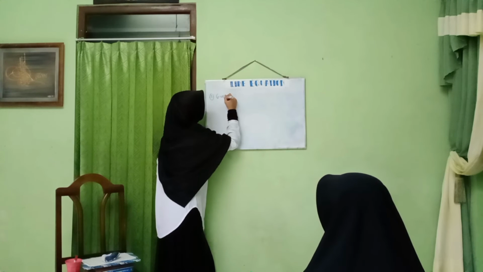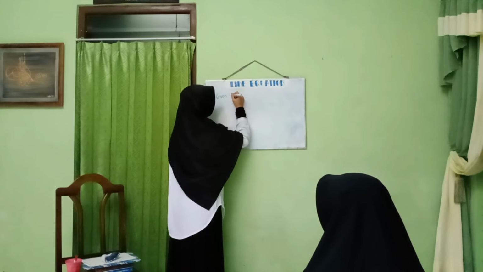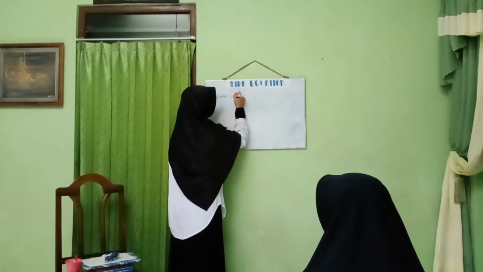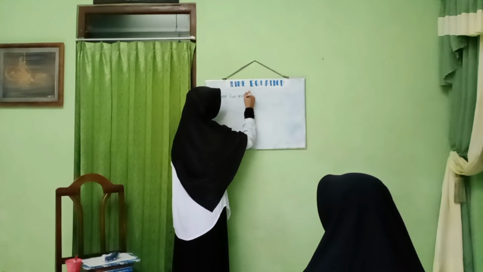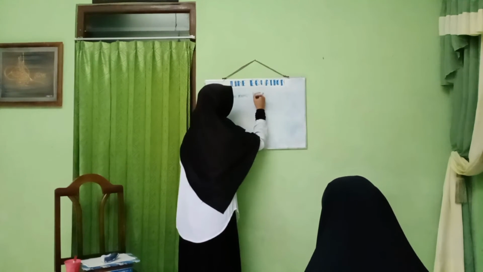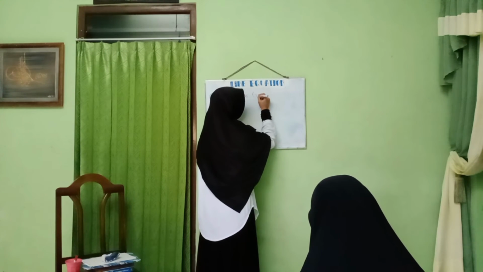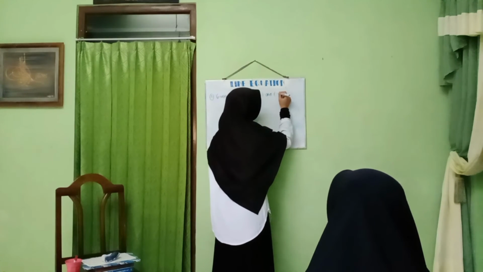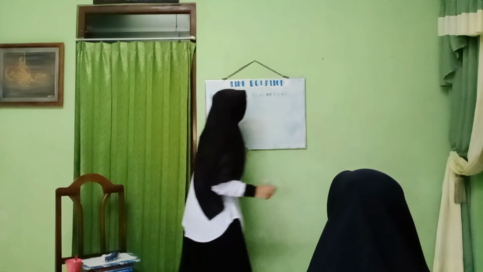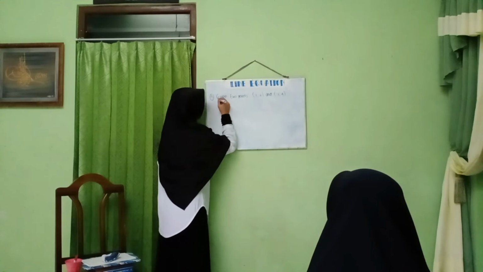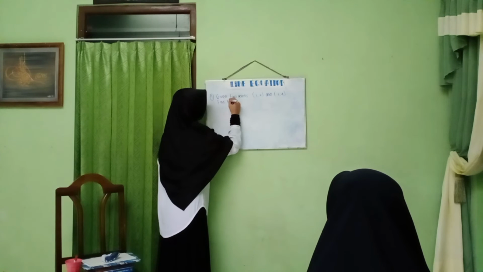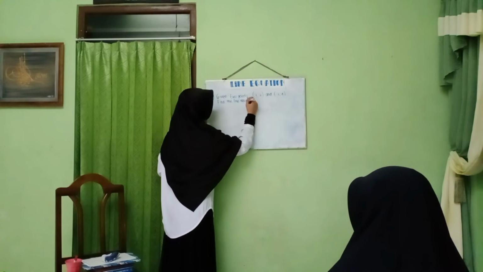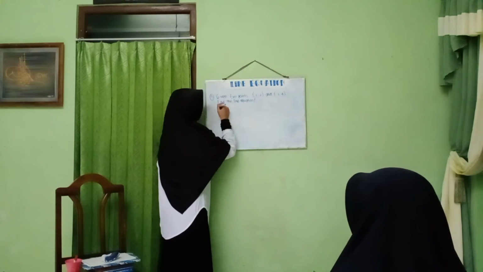Given two points, (1,2) and (3,4). It's easy, right? So find the line equation. And this is your answer.